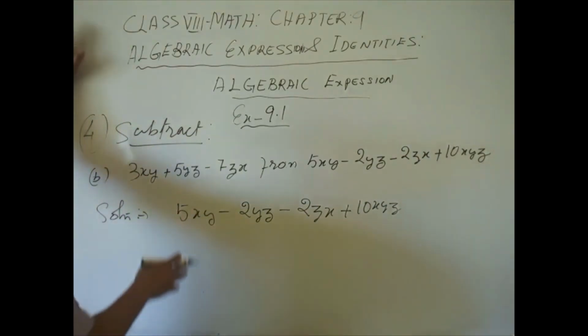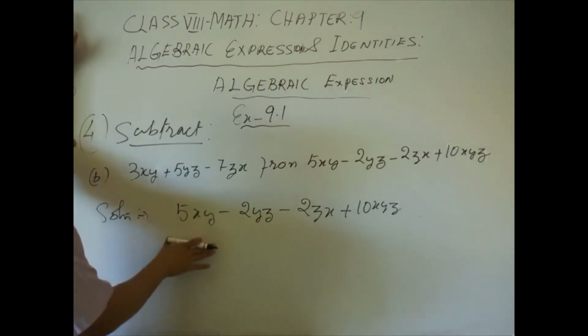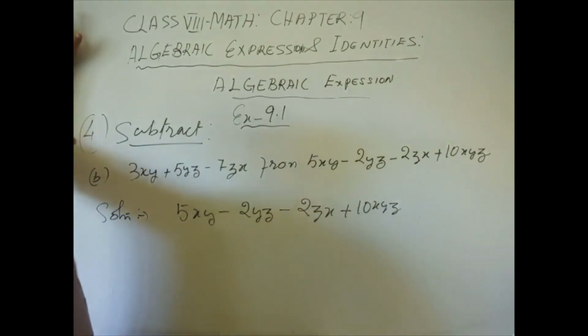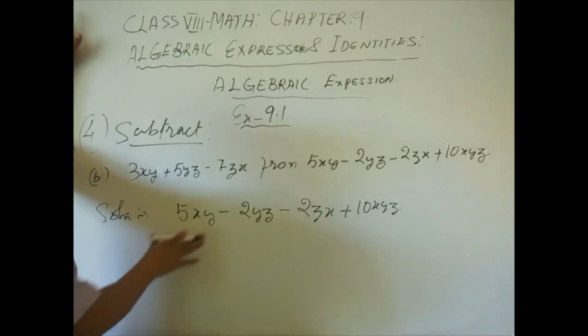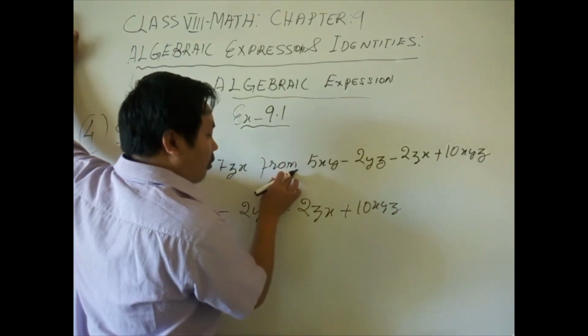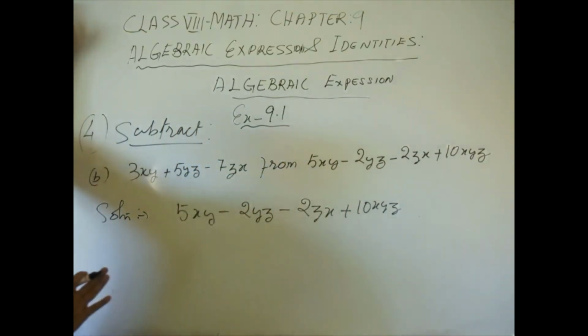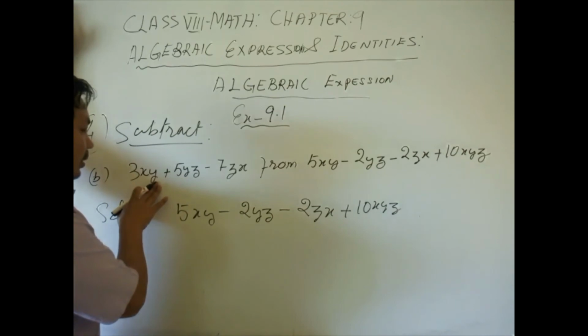Now try to find the like terms. From this expression we have to subtract, so the word 'from' tells you this has to be written first. Then we subtract this.